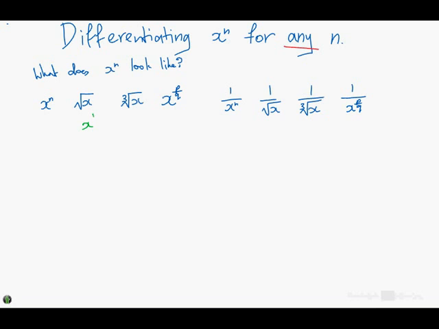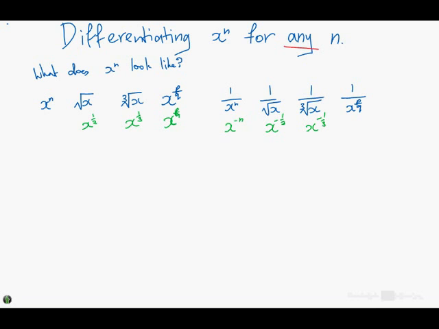Root x is just x to the power of a half. The cube root of x is x to the power of 1/3. x to the p on q, well, you can call that x to some power, right? So that's just x to the p on q. 1 on x to the power of n is just x to the power of negative n. 1 on root x is just x to the power of negative a half. 1 on the cube root of x is x to the power of negative 1/3.